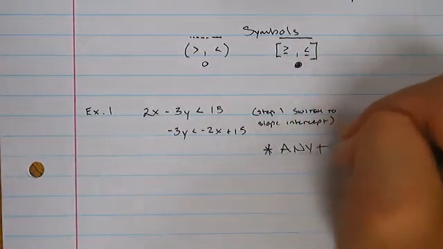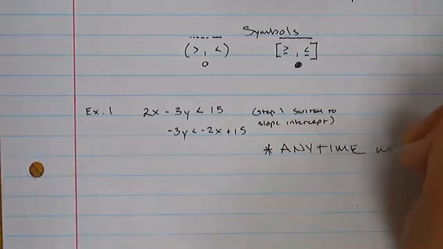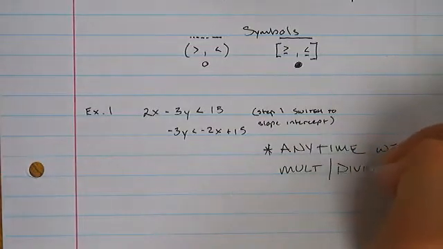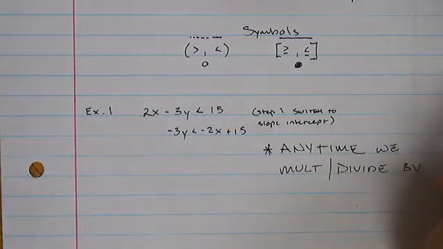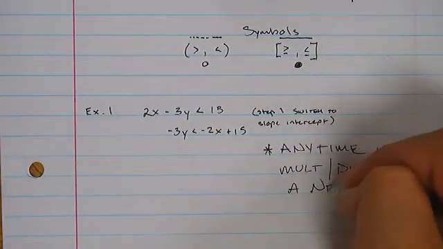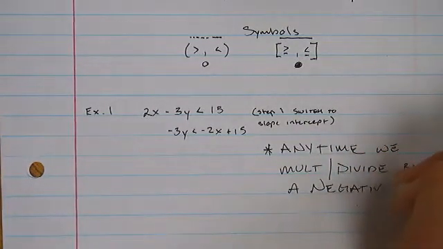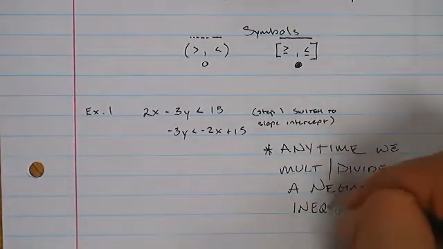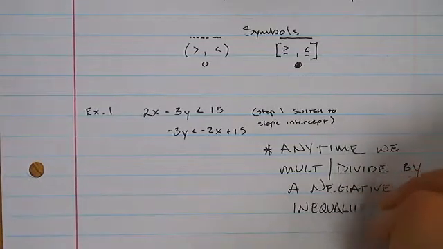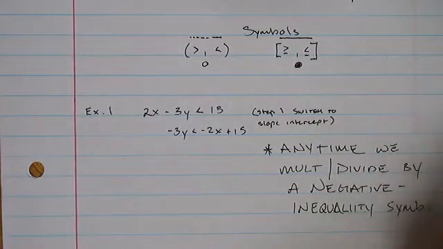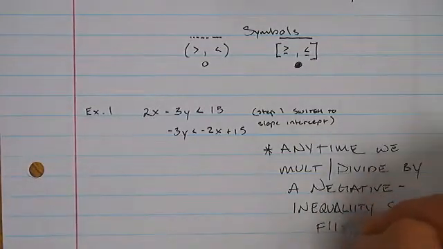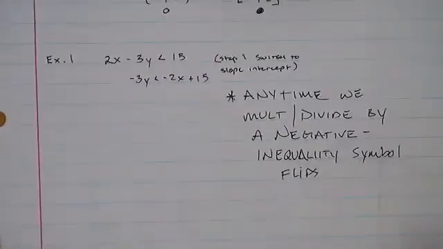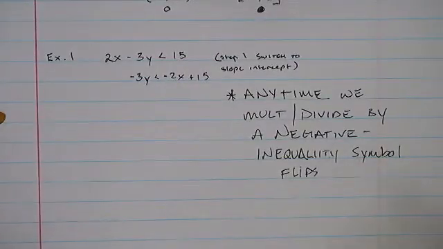Any time we multiply or divide by a negative, the inequality symbol flips. All right, that's very important. If you don't do that, you're going to end up shading in the wrong direction.